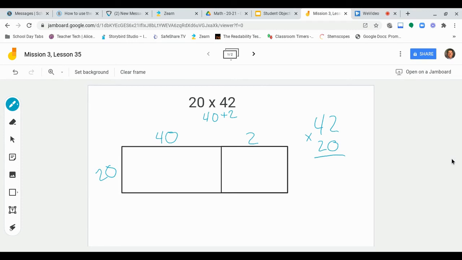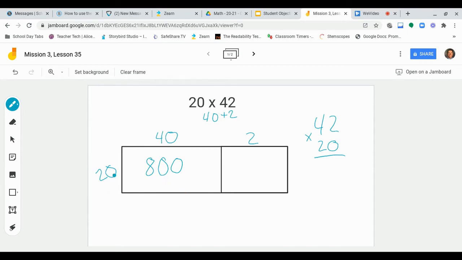Now, remember, in the area model, area is length times width. So I'm going to say 20 times 40. And I can use my zeros trick. 2 times 4 is 8, and then 2 zeros, because I had taken off those 2 zeros, so I need to put them back on. 800. 20 times 40 is 800.